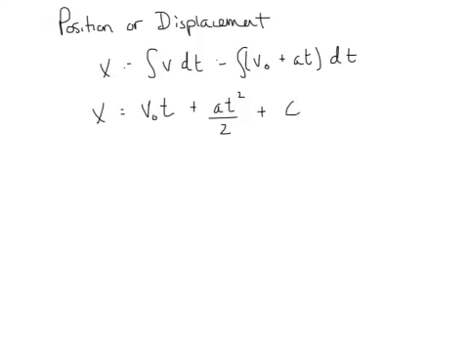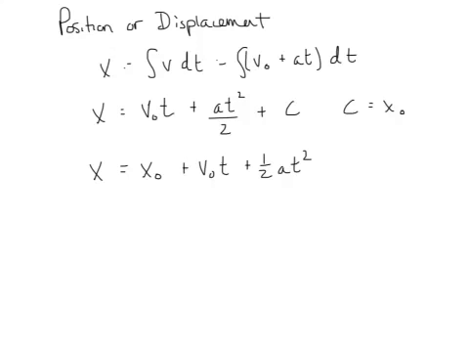And remember, in this case, like we also talked about earlier this week, c is x naught, the initial position. So we can rewrite that and rearrange it a little bit and get x equals x naught plus v naught t plus 1/2 at squared, and that gives us our position kinematic equation.